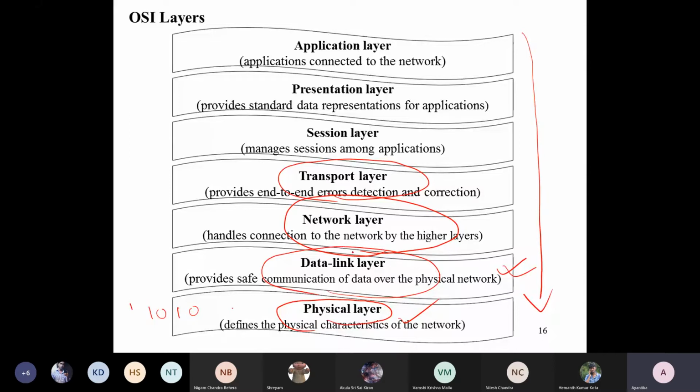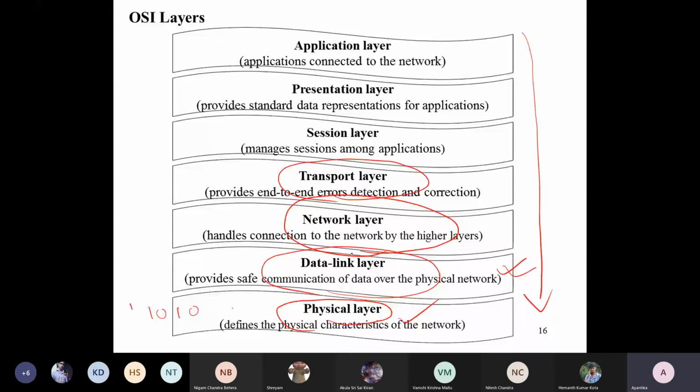Then comes the network layer. In the network layer, you are packetizing the data. You are dividing the data, making it a packet. You are giving source address and destination address. You are adding everything, so that based on this data format, you can understand where it is coming from or where it is going.